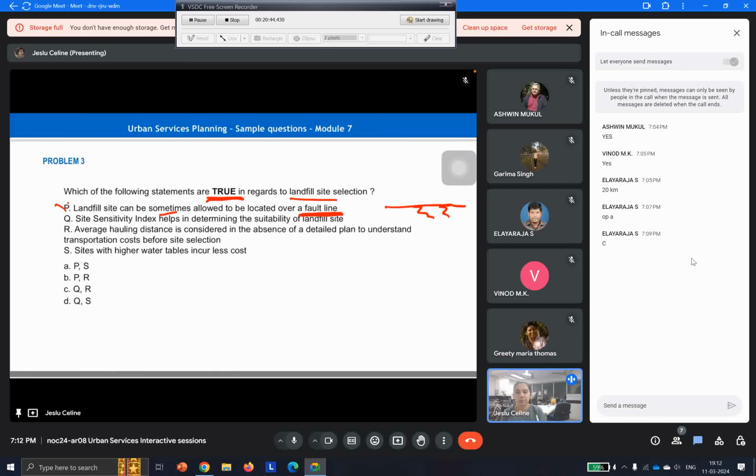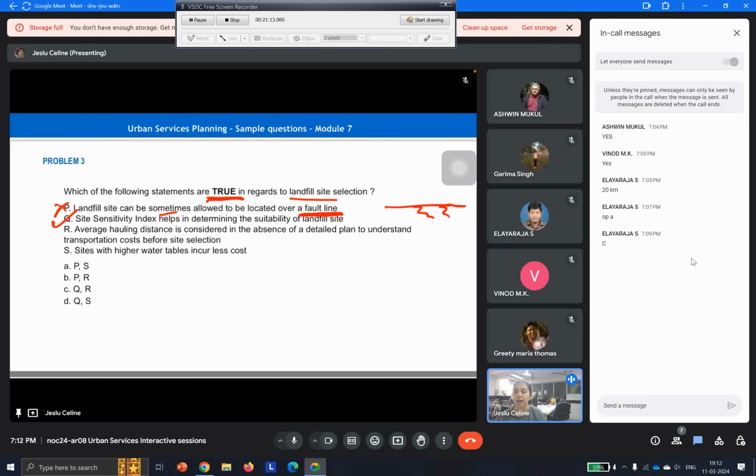Based on all these aspects, we develop a site sensitivity index, which talks about how sensitive the site is to be a landfill site. If it has a high sensitivity index, then it is not preferred. Sites with a low sensitivity index are usually preferred to be a landfill site. So this is a correct statement.